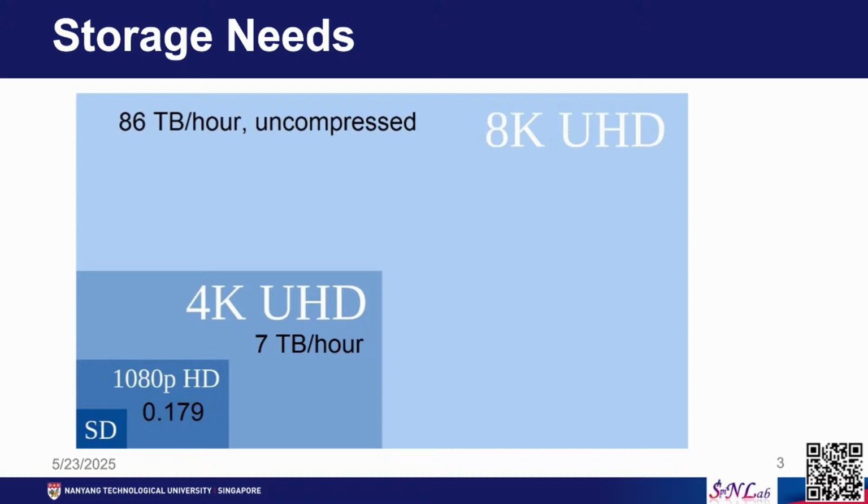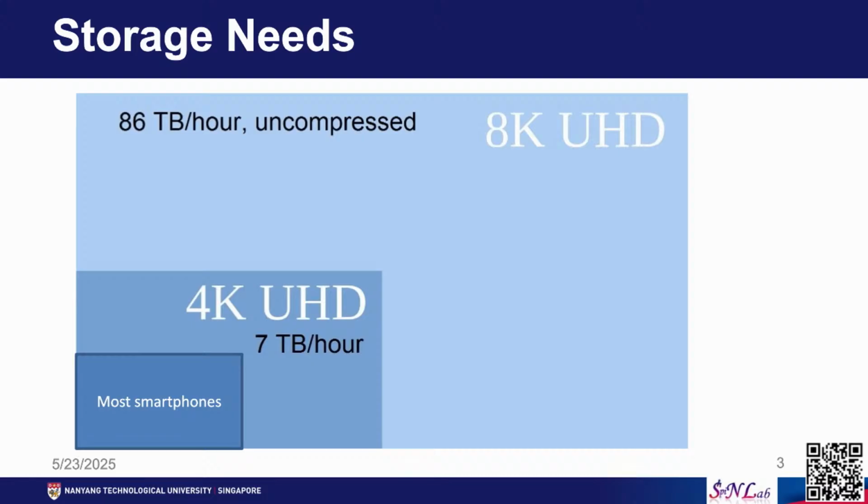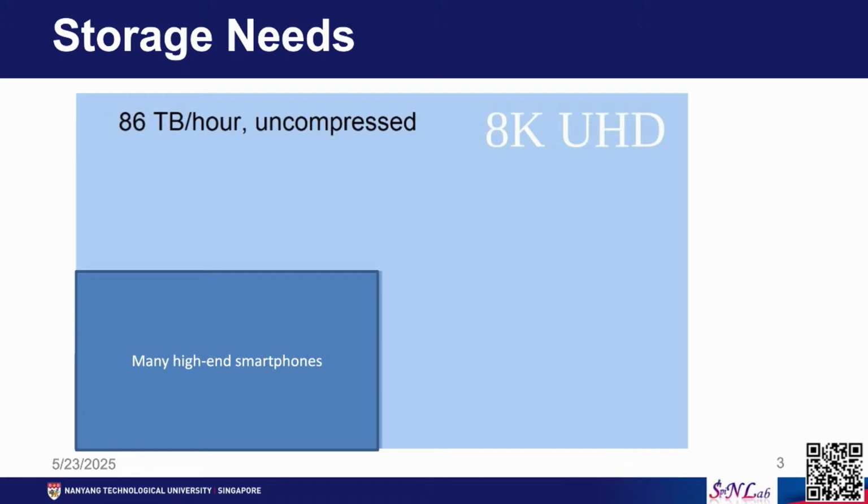What all this means is that the video quality keeps increasing, and as it increases, the data storage requirement keeps getting higher and higher. Now, most smartphones have 4K UHD, and some phones have 8K UHD. If you want to store uncompressed video, you need 86 terabytes per hour.